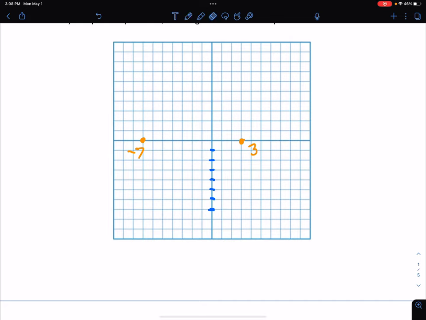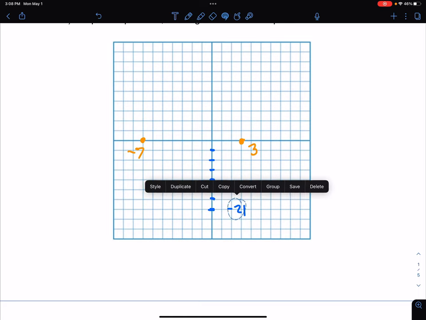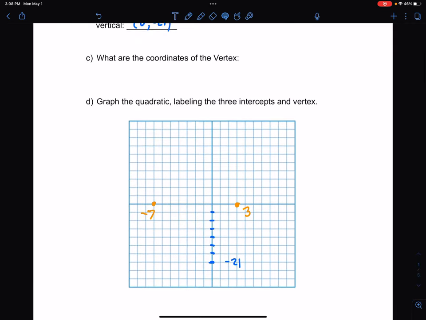And you want to kind of move that somewhere where it's not going to get in the way of your graph. We got to remember our graph is going to be going right through here. So we could get it a little bit closer than that. There's negative 21. It's 1, 2, 3, 4, 5, 6, 7 squares down. 7 times 3 is 21. All right.